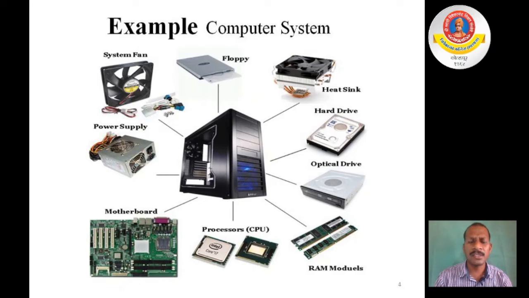Each and every system has its components, and together those components form the system, and every system has its own objective. For every system there are some objectives, and to achieve those objectives, the system is formed.